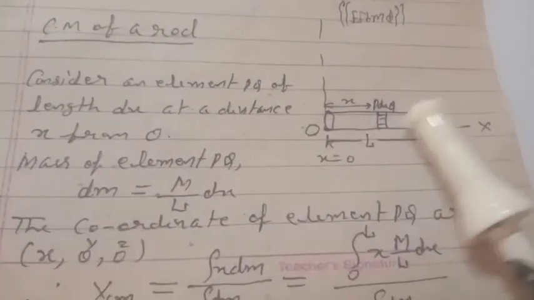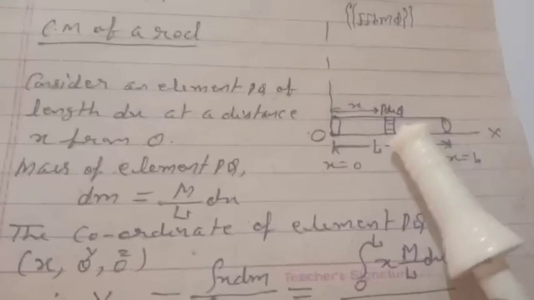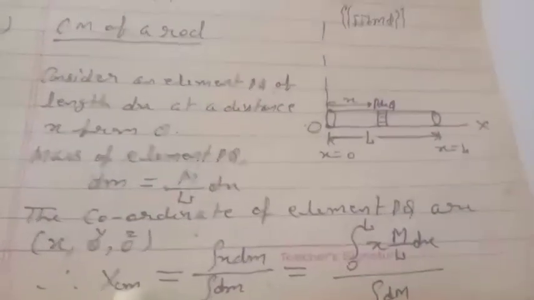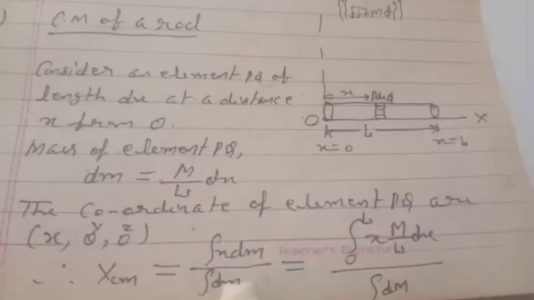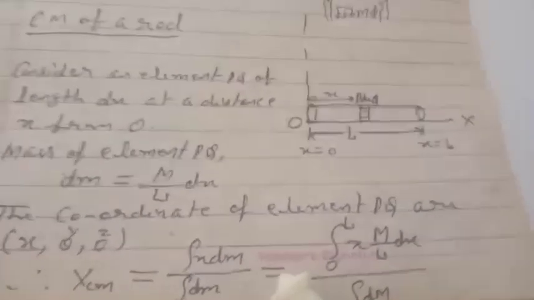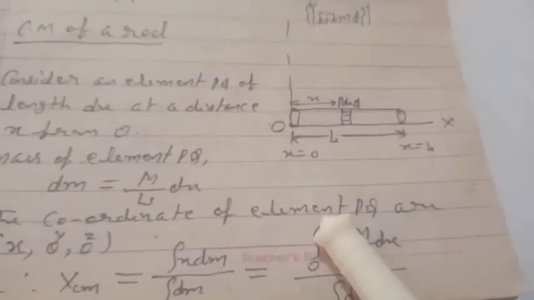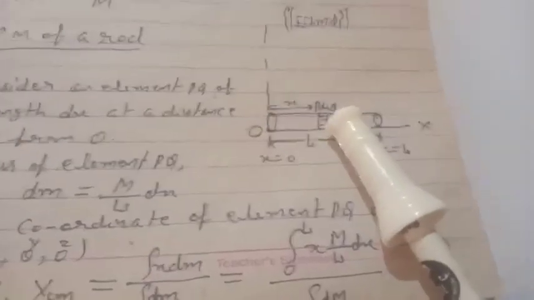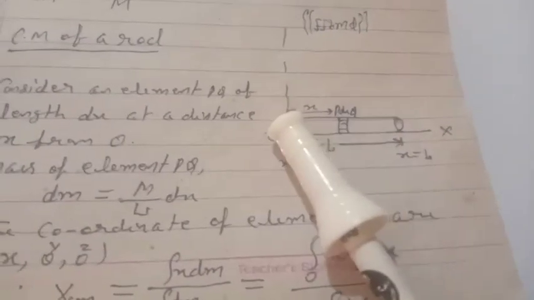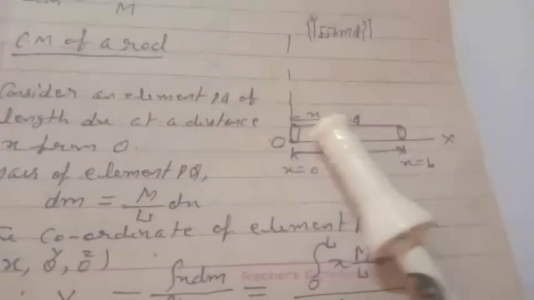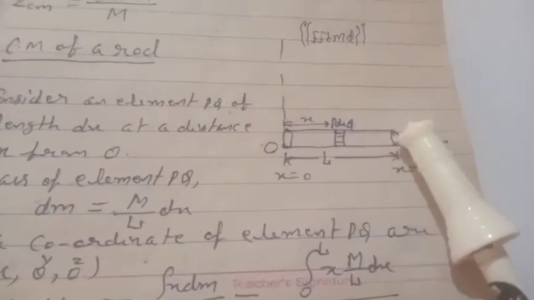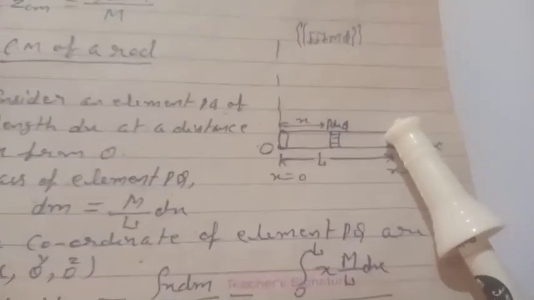The y coordinate is 0 because it is on the x-axis, so y and z coordinates will be 0. Hence, X_CM equals integration x dm by integration dm, with the integration from 0 to L, because this element can be considered at this point, this point, and finally at this point.